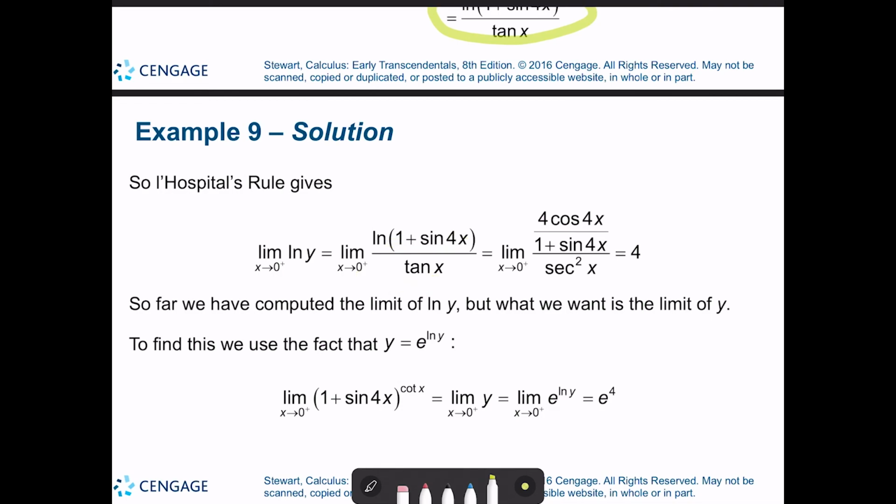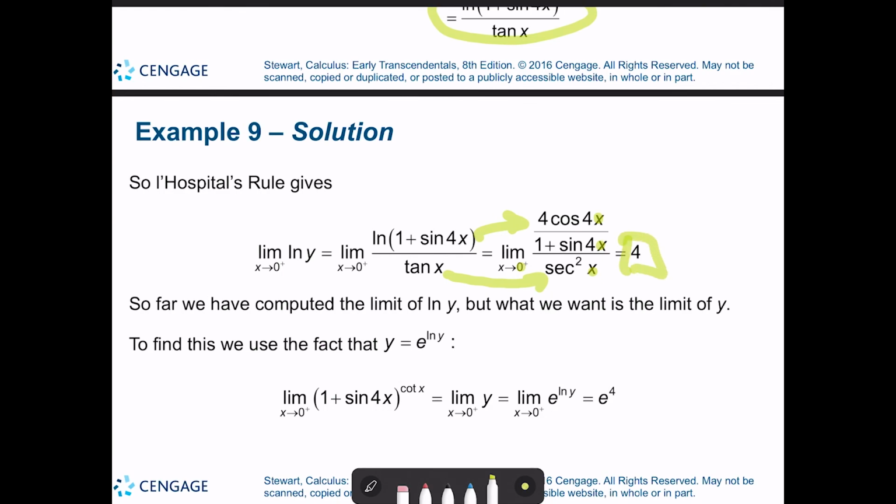Apply L'Hopital's rule, take the derivative of the numerator, we get this, take the derivative of tangent, we get secant squared, and after performing some arithmetic, we find that 0 going into these three locations yields a final answer of 4.